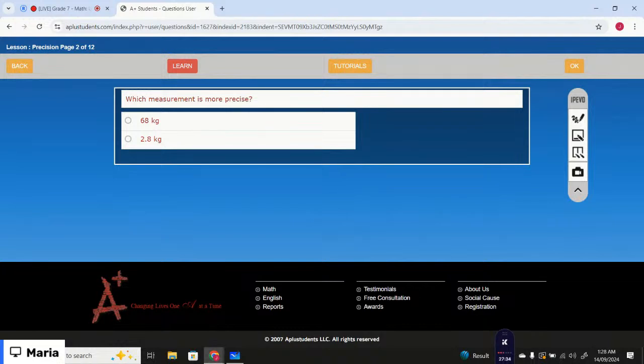The option that has more decimal places is more precise, right? So the correct option is 2.8 because this one is measured to the tenth of a kilogram.